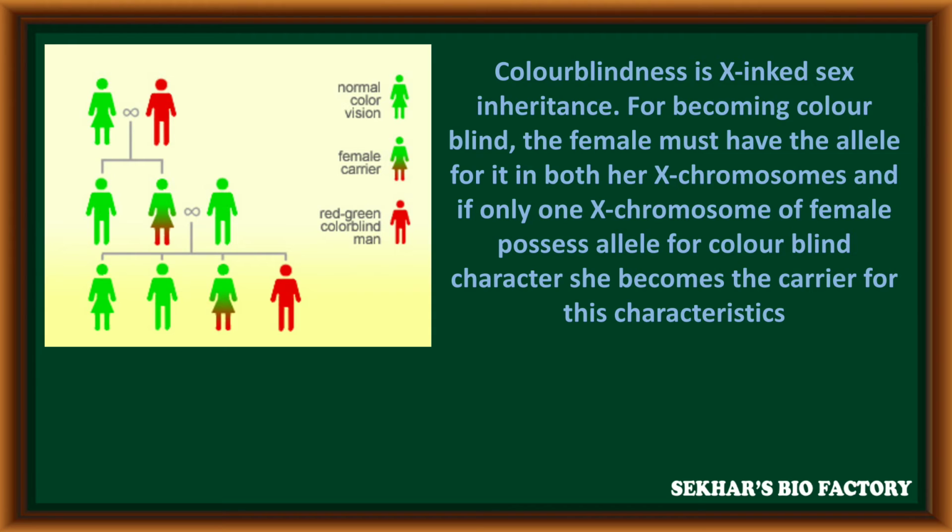For becoming color blind, the female must have the alleles for it in both her X chromosomes, and if only one X chromosome of the female has the allele for the colorblind character, she becomes a carrier for this character. So in the majority of cases, the female acts as a carrier and only males are affected.